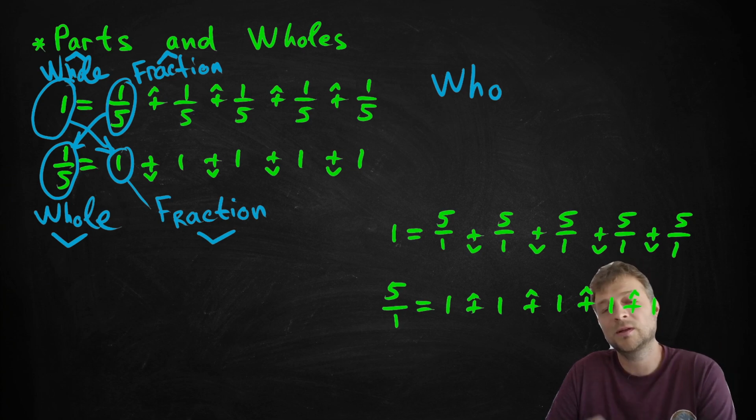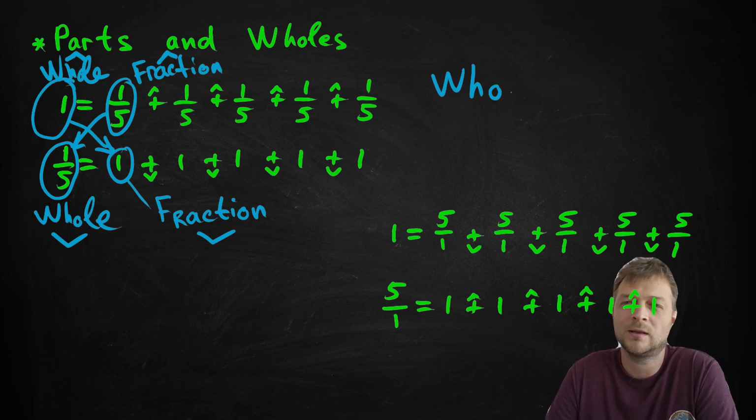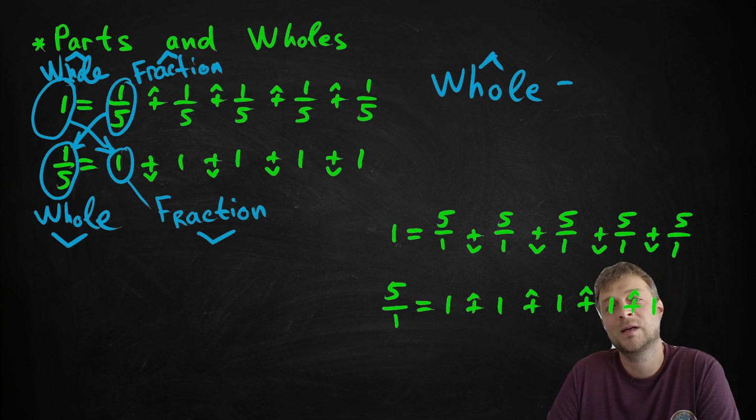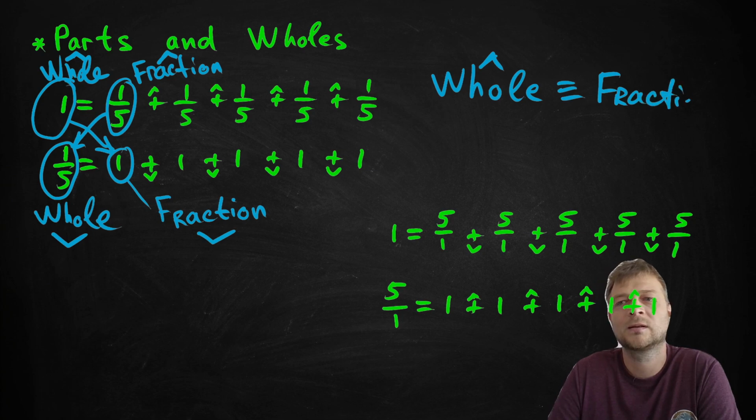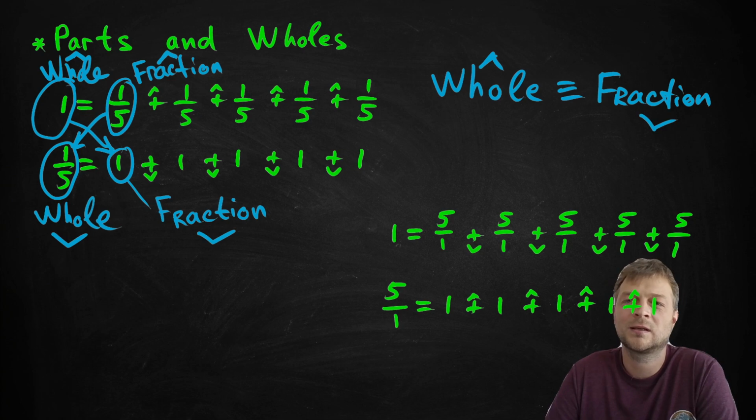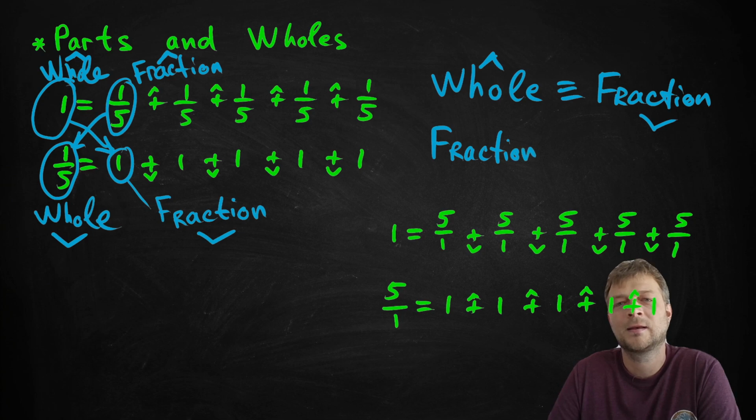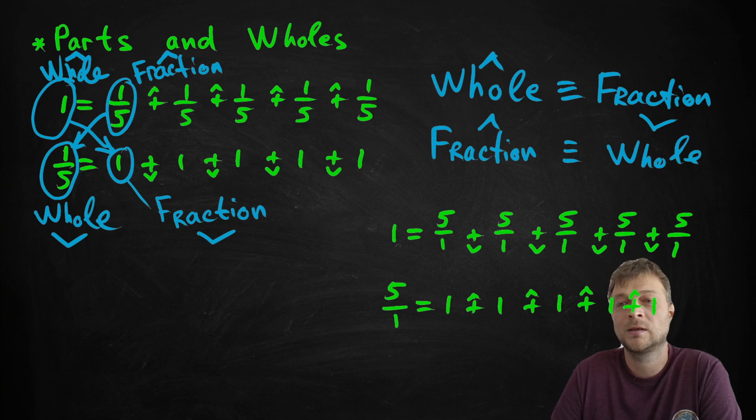In terms of these properties, we can write that a whole in standard semantics is the same as a fraction in dual semantics, and a fraction in standard semantics is the same as a whole in dual semantics.